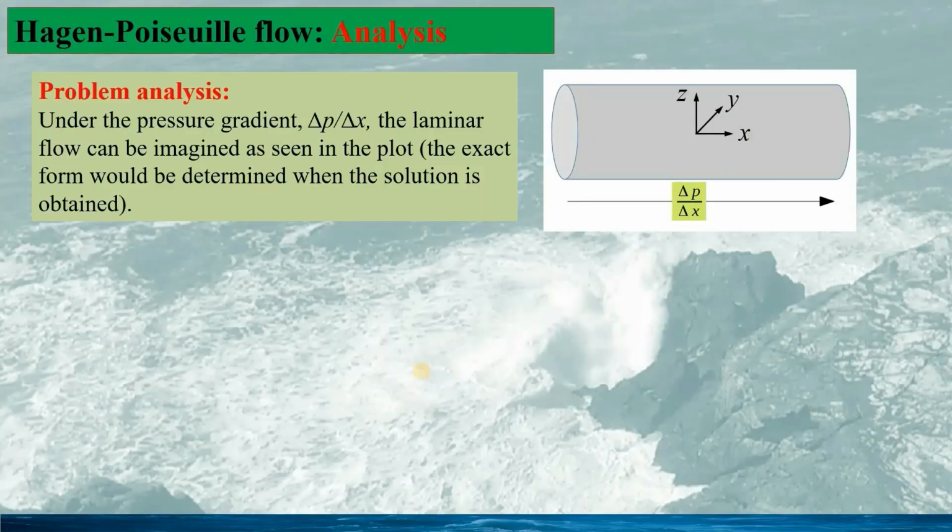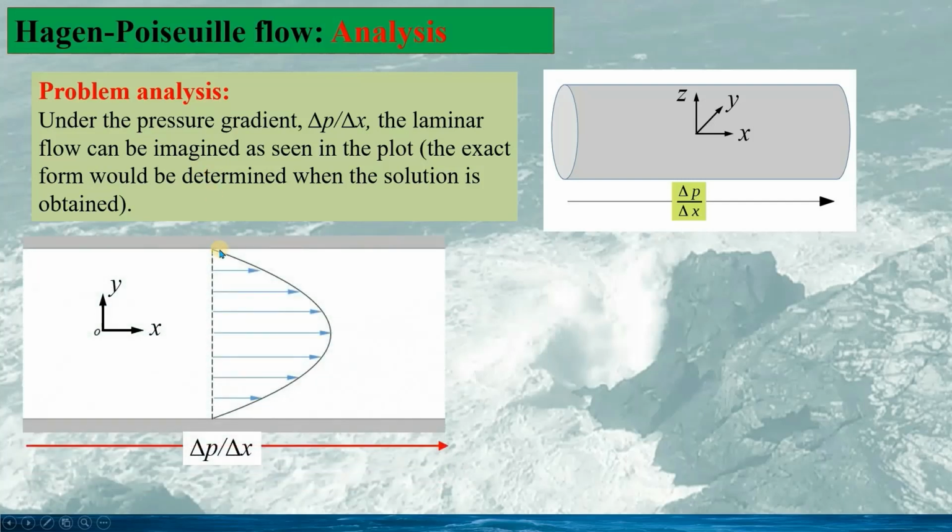Now in this slide, we first analyze the problem. From this, we can see that under the pressure gradient, a laminar flow can be imagined as seen in this picture. However, the exact form of the velocity distribution would be determined when the solution is obtained.